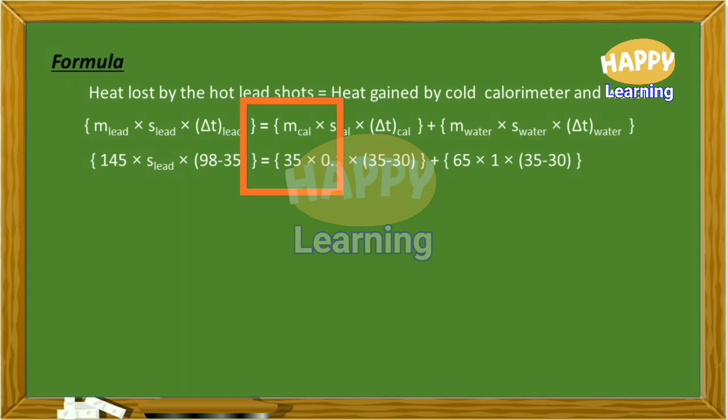Mass of calorimeter is 35 into specific heat of calorimeter is 0.1 into change in temperature of calorimeter. Initially it was at room temperature 30 and after adding the lead shots temperature has risen to 35. So increase in temperature will be 35 minus 30, plus mass of water is 65 into specific heat of water is 1 into change in temperature of water, which is also 35 minus 30.